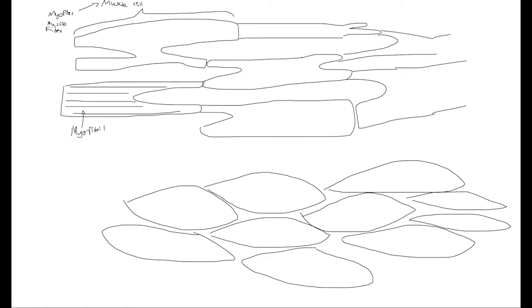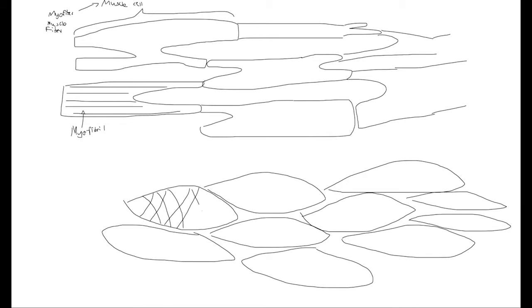So they're sort of like this. And instead of myofibrils, like skeletal muscles and cardiac muscle, they're going to have these intermediate filaments that are going to be spreading around them, going around them. So these are the intermediate filaments.